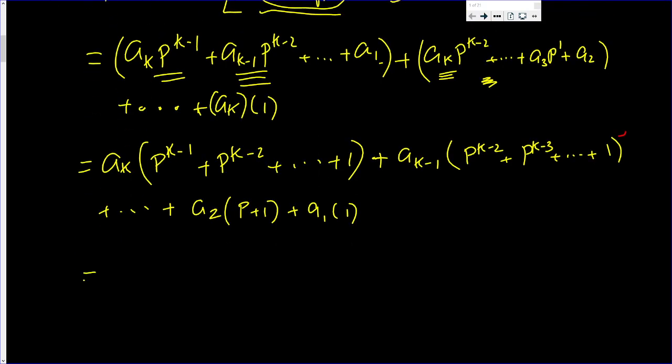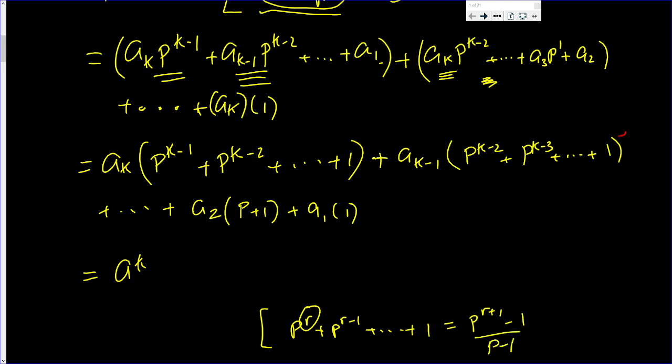Now, this is equal to, so recall that if you have p to the r plus p to the r minus 1 all the way down to 1, this is p raised to 1 more than r minus 1 over p minus 1. So this power in the first bracket is r minus 1. So I make it 1 more, a sub k.